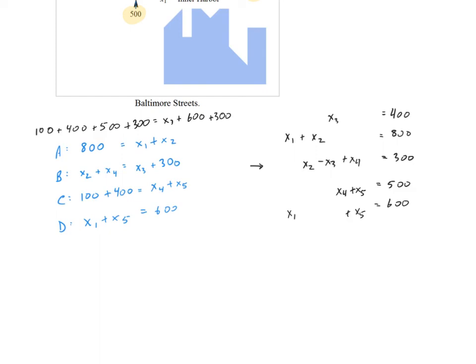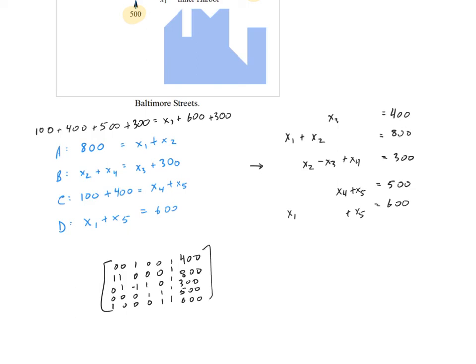Good deal. All right, so then we can do our augmented matrix, right? The top equation, 0, 0, 1, 0, 0, 400, and then 1, 1, 0, 0, 0, 800, 0, 1, negative 1, 1, 0, 300, 0, 0, 0, 1, 1, 500, 1, 0, 0, 0, 1, 600.